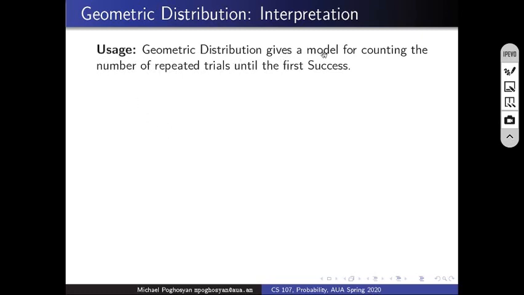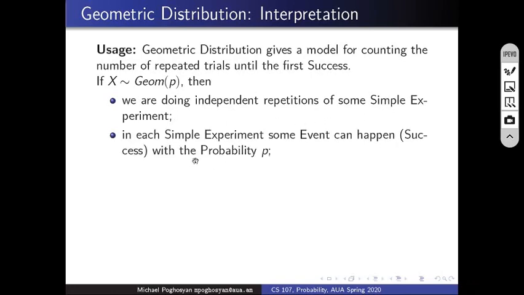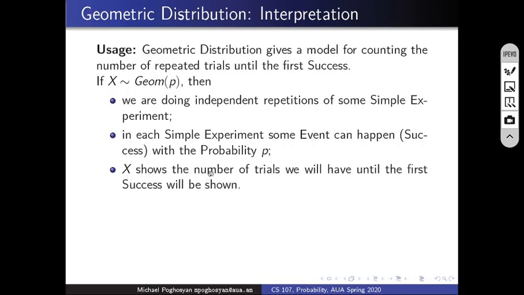Okay, so interpretation and usage. The geometric distribution gives the model for counting the number of repeated trials until the first success. So if X is geometric P, then we are doing independent repetition of some simple experiment. In each simple experiment we have an event, the happening of which is a success for us, and the probability of that success is P. And X is showing how many trials we need to do until the first success.